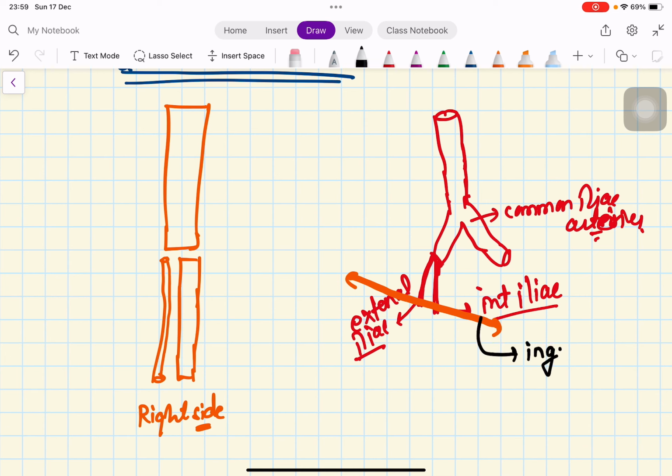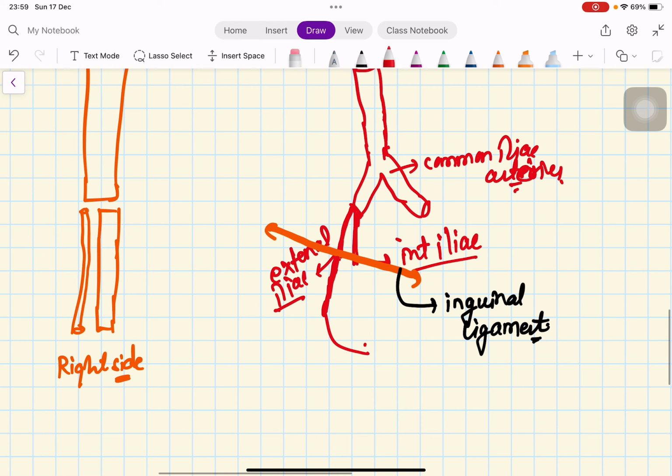When the external iliac artery passes the inguinal ligament, we call it the femoral artery. Sorry, not the femoral ligament, the femoral artery.